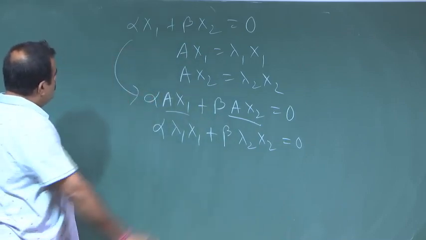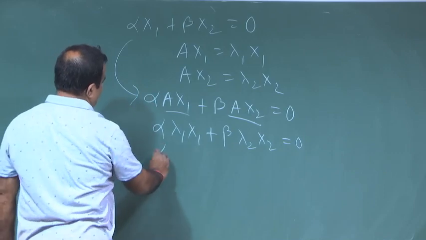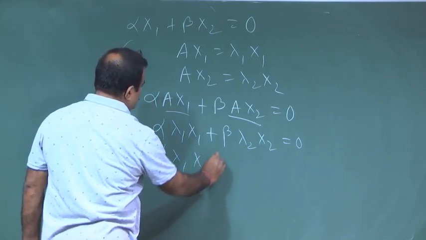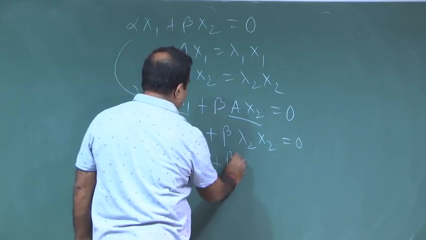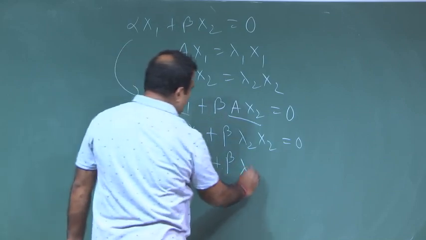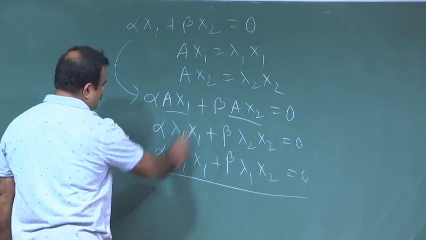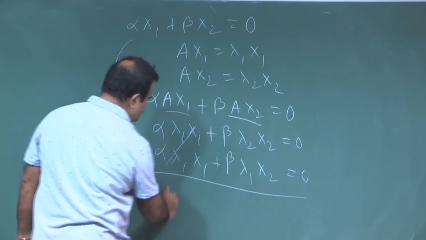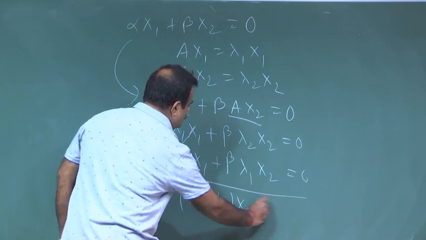Now, if you multiply the first equation with lambda 1, then we get alpha lambda 1 x 1 plus beta lambda 1 x 2 equal to 0. If you subtract, this cancels out, and we get beta into lambda 2 minus lambda 1 times x 2 equal to 0.